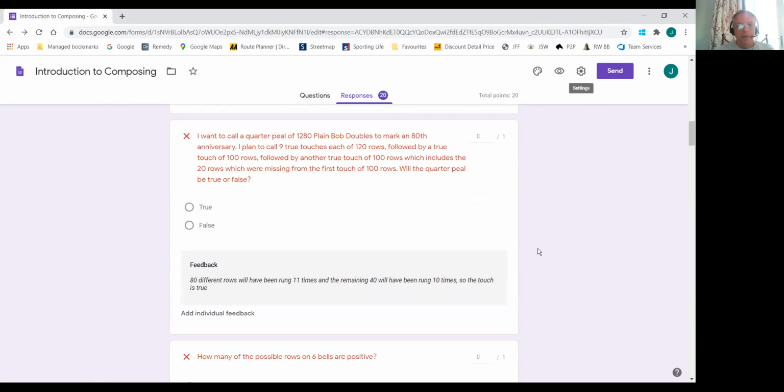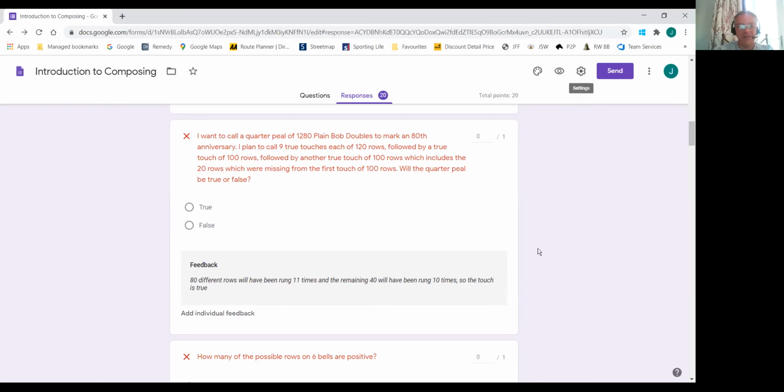The next one is a slightly more complicated one, about an example of wanting to ring a special length of bob doubles. This particular combination of circumstances that I put down here does actually result in a true composition, because 80 of the rows have been rung 11 times and 40 have been rung 10 times.